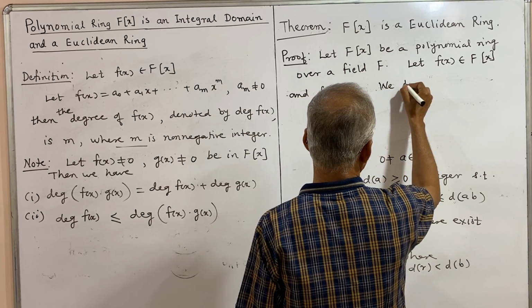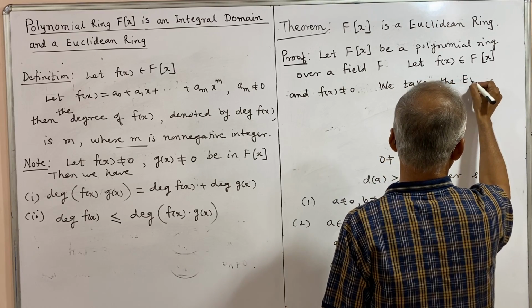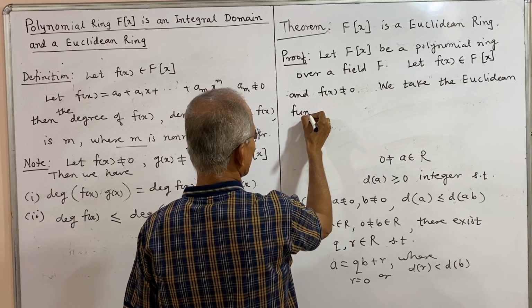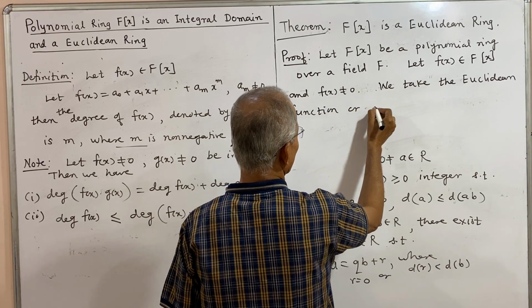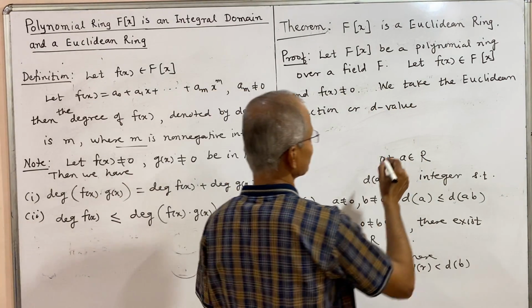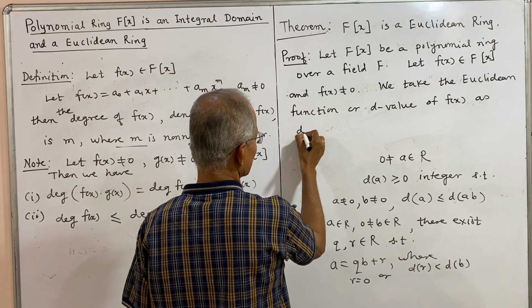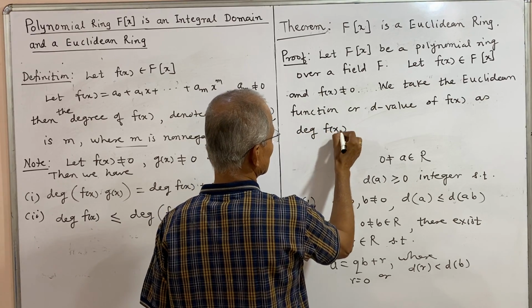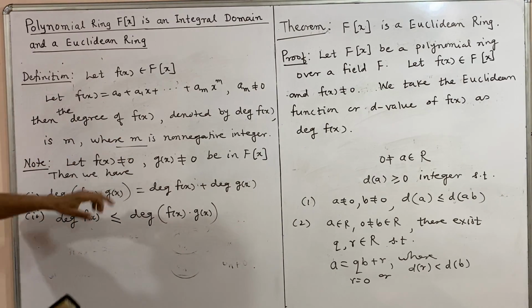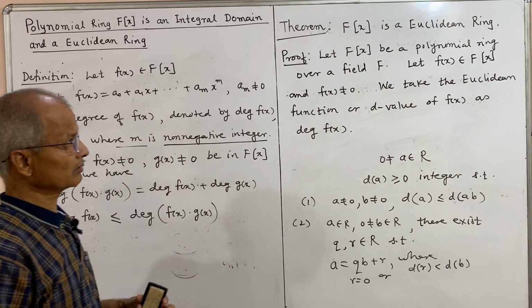We take the Euclidean function, which is known as d value, of f(x) as the degree of f(x), which is a non-negative integer. Here we have defined the degree of f(x) as a non-negative integer, and that serves as the d function for the Euclidean ring required.